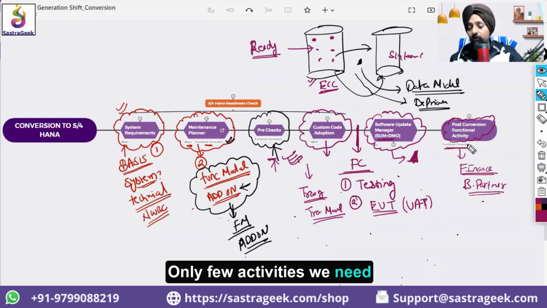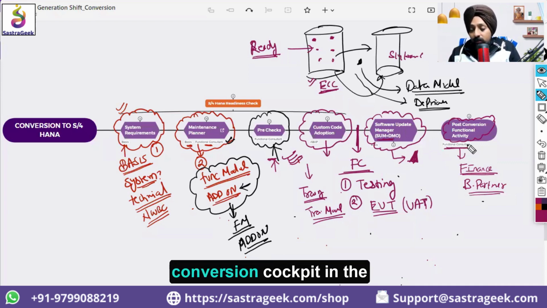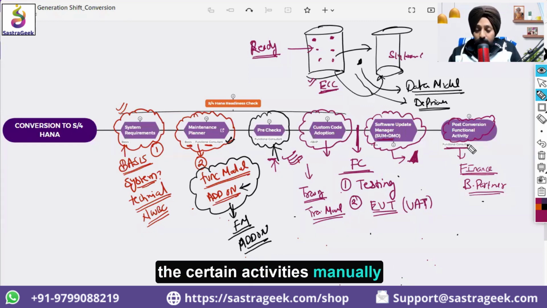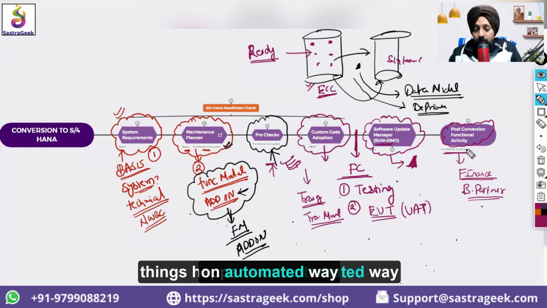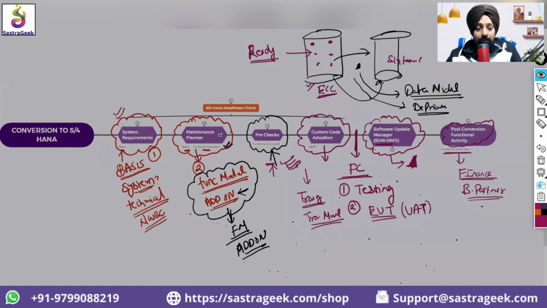Finance has to do a lot of activities. Finance needs to follow the conversion cockpit, and then they need to do certain activities manually. But for logistics, most of the things happen in an automated way. So this is the high level process. These are the high level steps which we would be doing in a conversion.